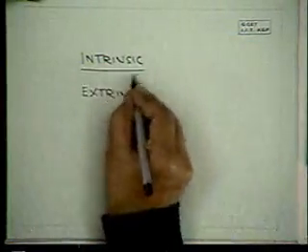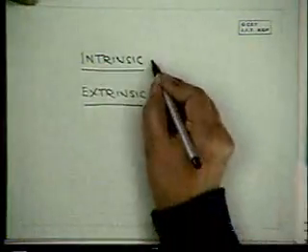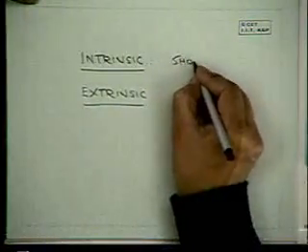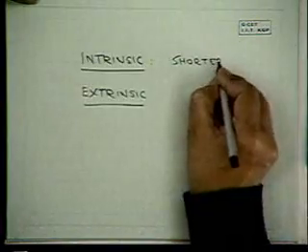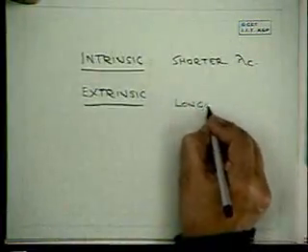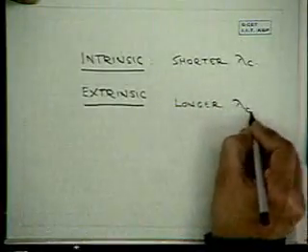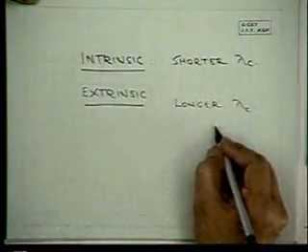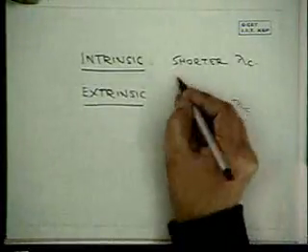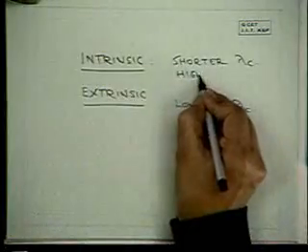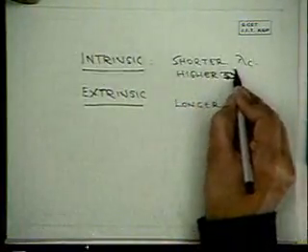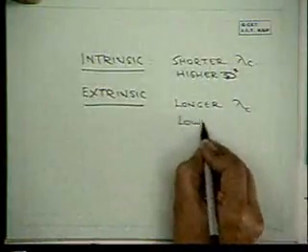And how do we compare their performance? Obviously, intrinsic detectors will have a shorter lambda c. Here you have longer lambda c. Since the density of states is much higher in the valence band and in the conduction band, this will have much higher sensitivity. This will have lower detectivity.